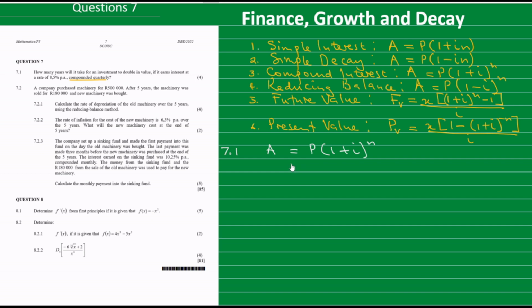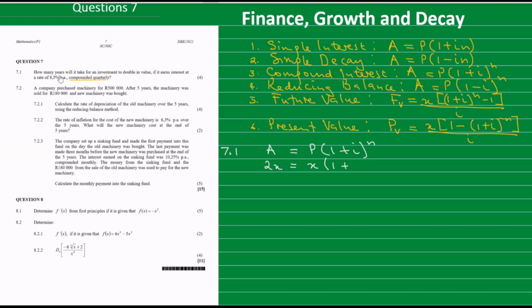So I'm going to let my initial be x, any amount x, and then if my principal amount is x, if it doubles, we are multiplying that x by 2, so the final amount will be 2x. This will multiply 1 plus i. The interest is 8.5 per annum.